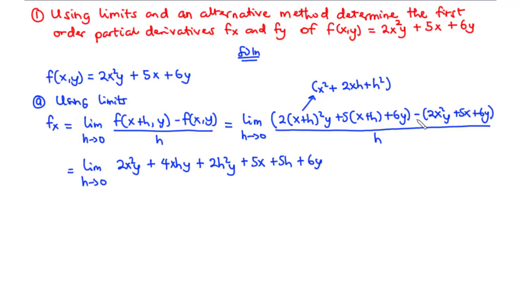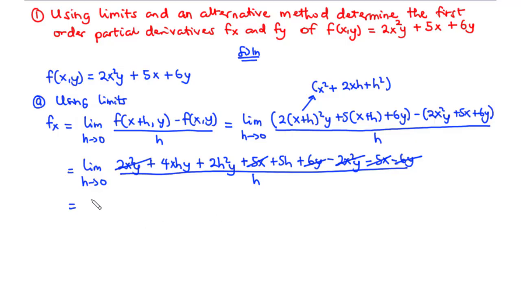And then you multiply -1 across, you have minus 2x squared y minus 5x minus 6y, all divided by h.